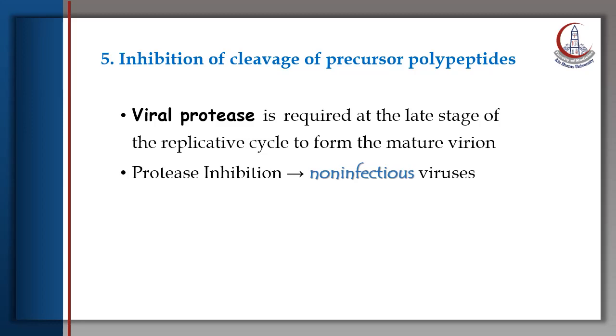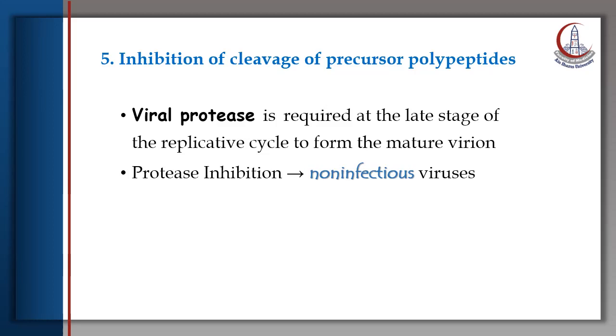As regards inhibition of cleavage of precursor polypeptides, we have viruses such as the human immunodeficiency virus, in which the proteins after translation are formed as a complex, and they need the viral protease to break down these proteins to be used as structural and non-structural proteins to form the enzymes and capsids and so on.